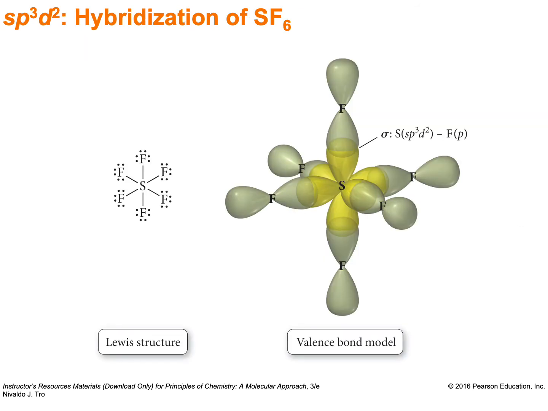Here's an example of that. The Lewis structure of sulfur hexafluoride is shown on the left, and on the right you see the valence bond model showing 6 sigma bonds formed with 6 sp3d2 hybridized orbitals.